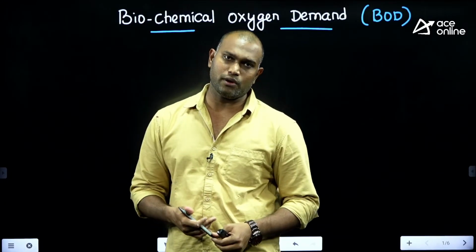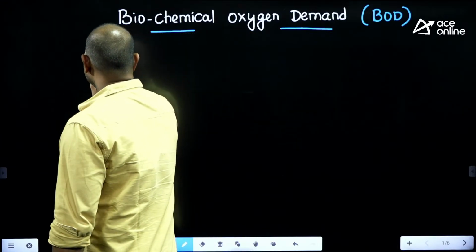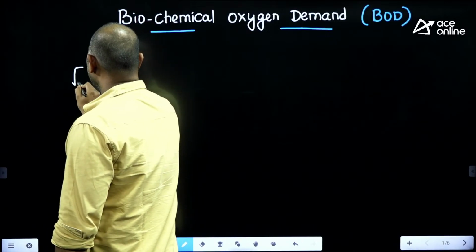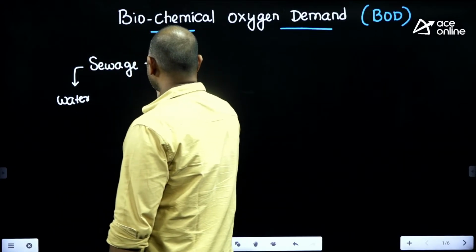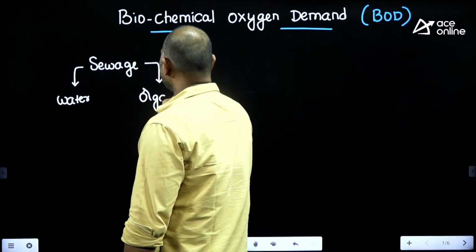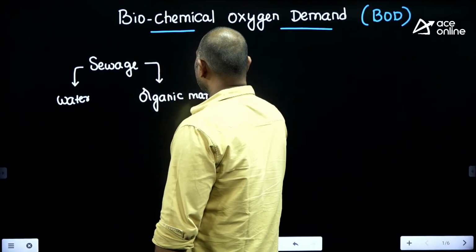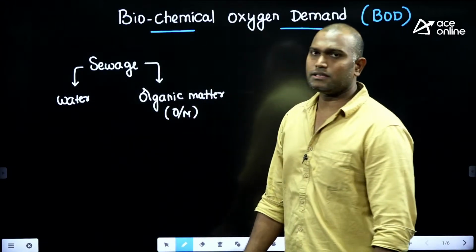Suppose you dispose of untreated or raw sewage directly into a river water body, what may happen? The sewage consists of water, and it also consists of organic matter. Let's take organic matter, O.M., as a simple wording.